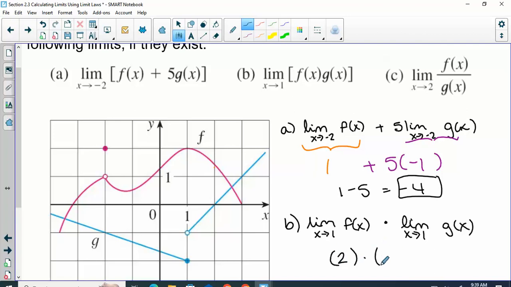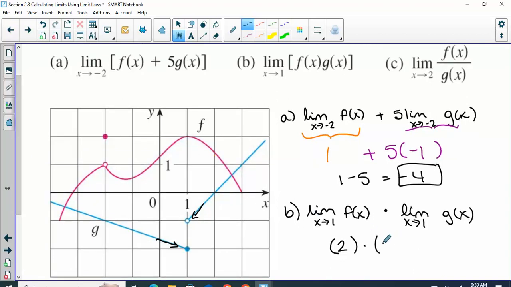Times, as x approaches 1, g is getting close to... we're approaching 1, does not exist because we have two different values. We're trying to do the two-sided limit. So if something does not exist, that means the entire problem does not exist.